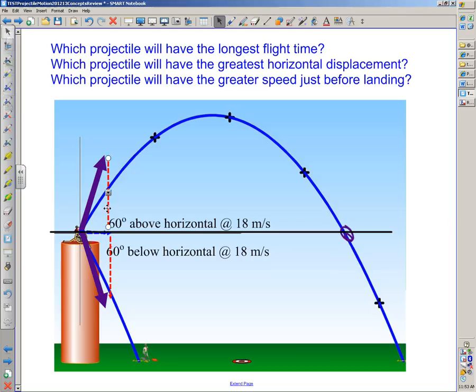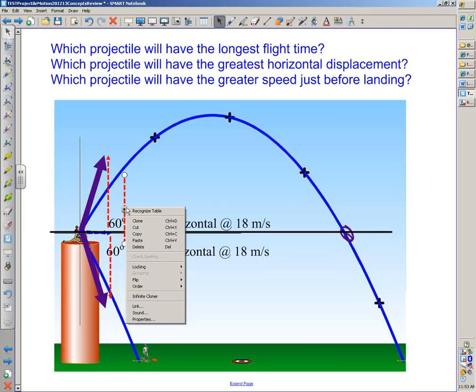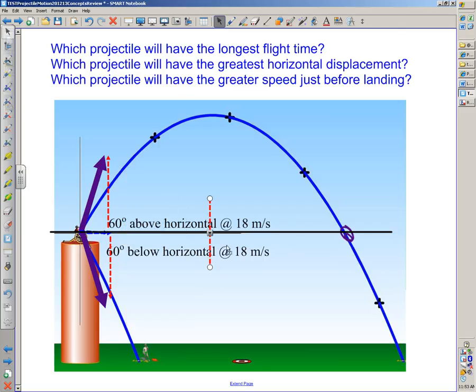What has happened to its vertical velocity? It's switched. And now it has a vertical velocity that looks something like this. Is it any different from the one that got thrown down originally? No, it's not. So they would hit the ground with the same speed.